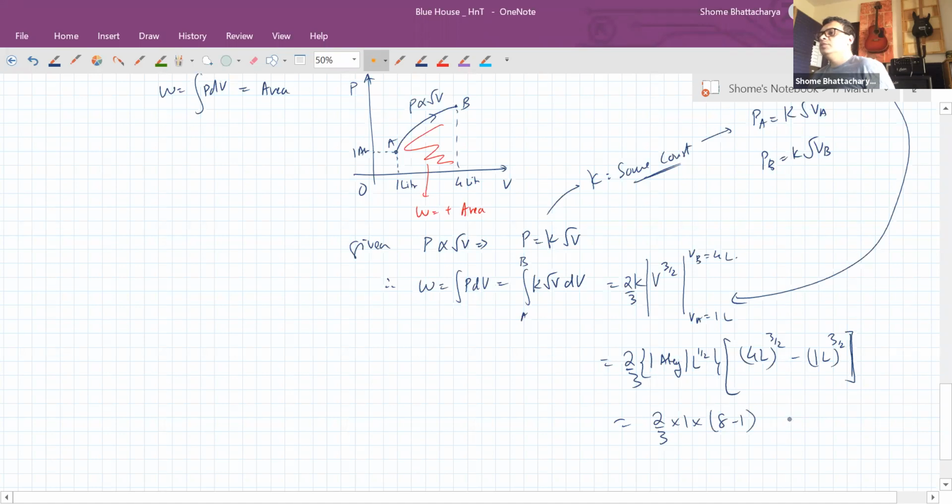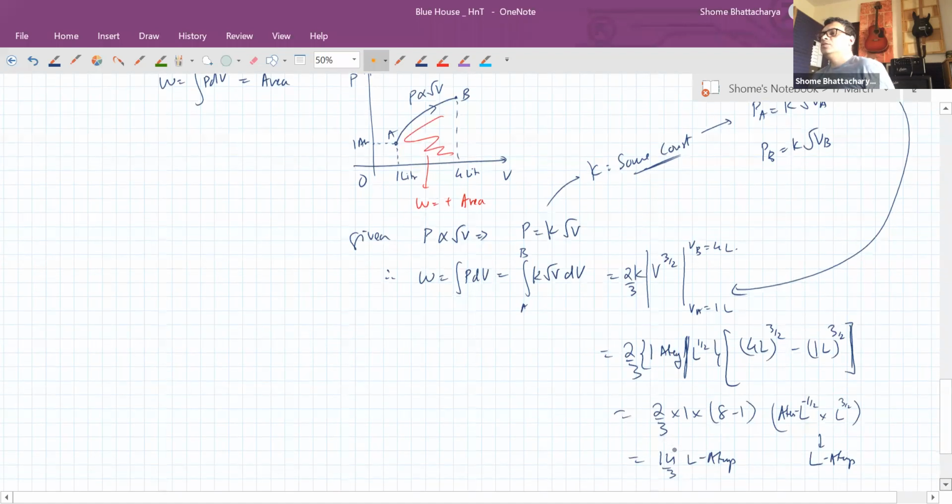The unit will be atmosphere liter to the power minus half, into liter to the power 3 by 2, so this is in liter atmosphere. I'm getting the same thing, 14 by 3 liter atmosphere.